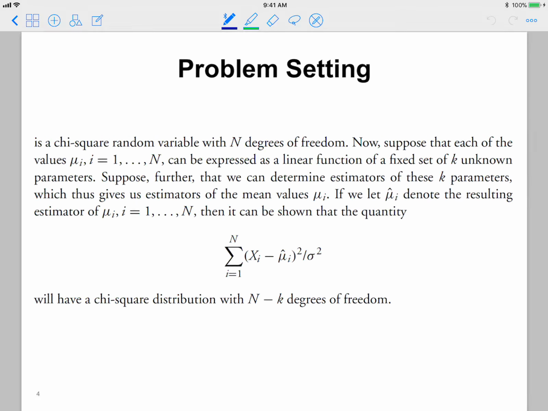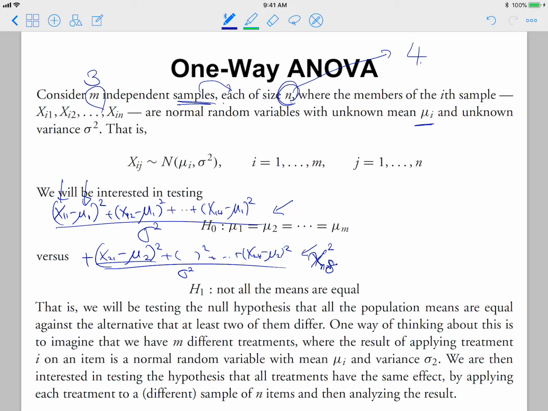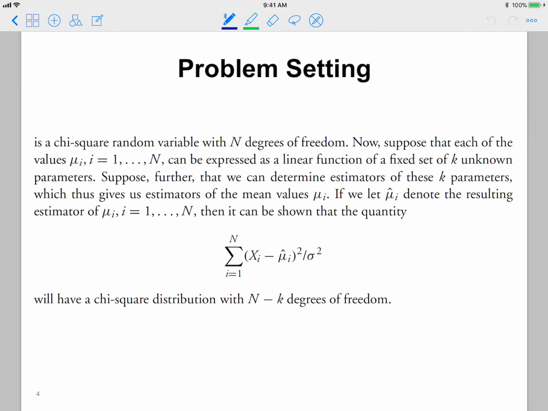Or in general, if we have M groups, and each of these M groups has N observations, then it will follow the chi-square distribution with the degree of freedom of M times N, right? So far it's quite straightforward. Any questions so far?